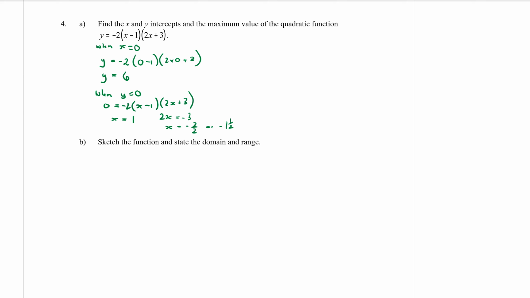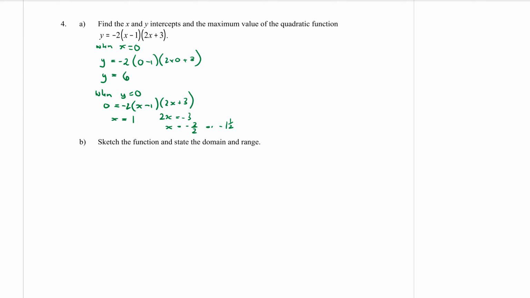We could use our axis of symmetry formula, which we practiced last time, the minus b over 2a. My equation's not really set up for it. I'd have to expand this out to do that. So this time, let's practice the other method. I've got my x-intercepts. The other way to do it is just to average them.